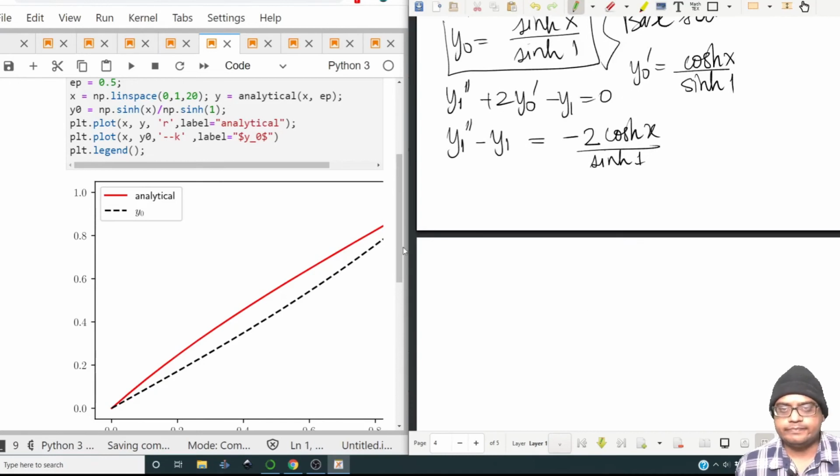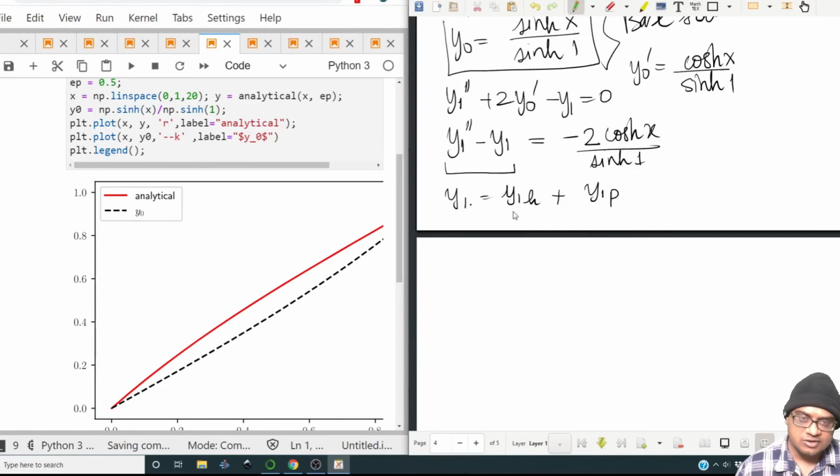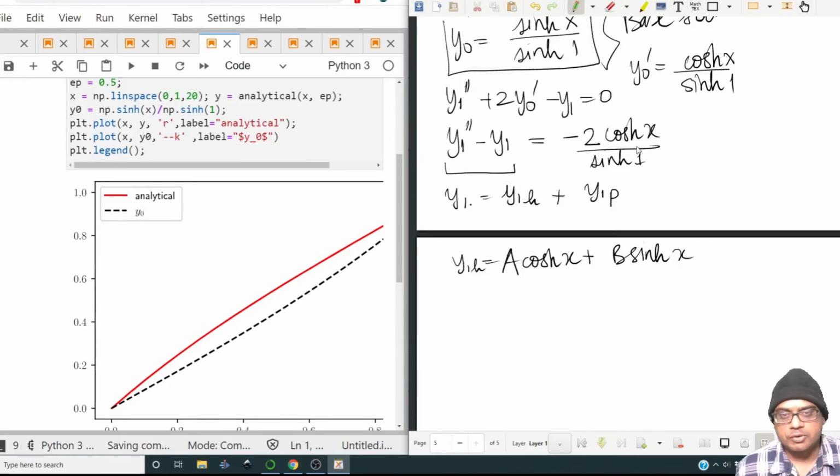Right? So the solution for this: y1 is going to be y1 homogeneous plus y1 particular, and obviously the homogeneous solution is going to be again a cosh x plus b sinh x. What about the particular integral? Look, the inhomogeneous part has the functional form cosh x.